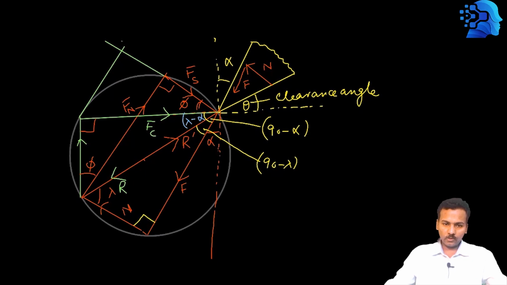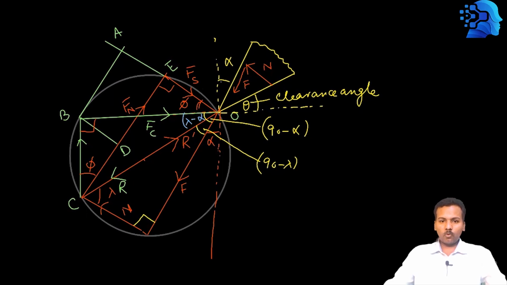Let us assume this is A, B, O, C. Draw a line normal from this to this line. So again, this point is D. This Fs, it is also E.